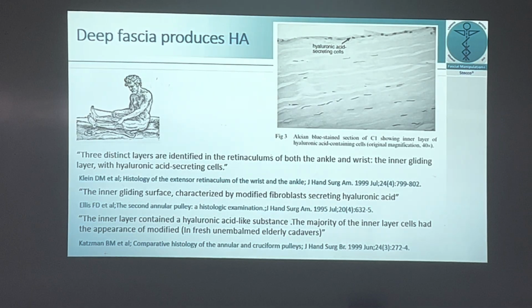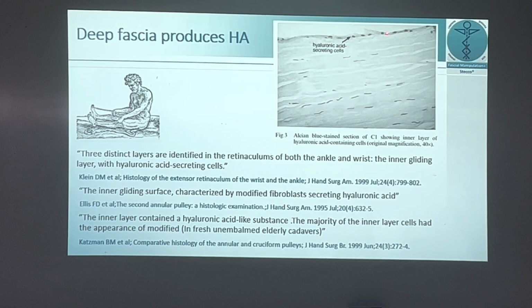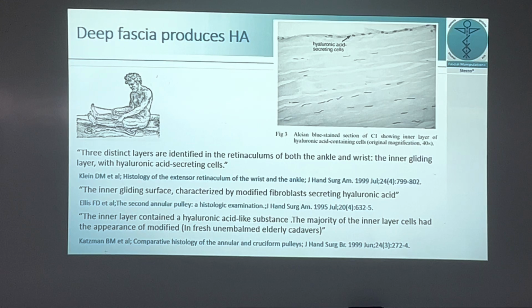In the past, people have evaluated who is producing the hyaluronan in the body. And they found a particular cell that produces this substance. They studied the retinaculum of the ankle because Vesalius in Padua, he wrote the first atlas of anatomy. He said, look, the retinaculum is a pulley for the tendon.